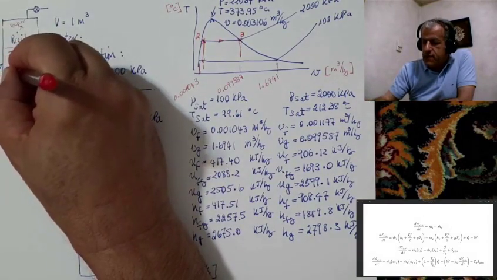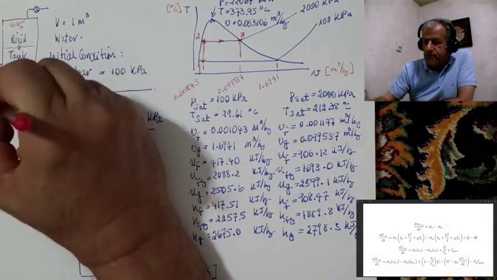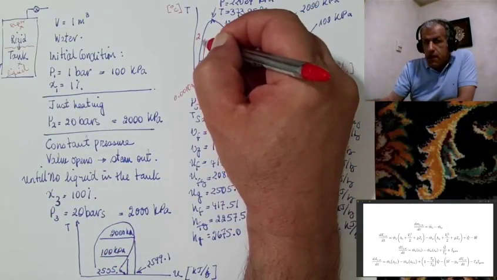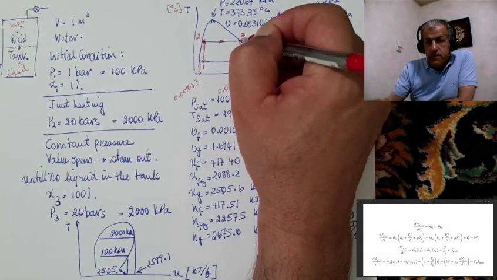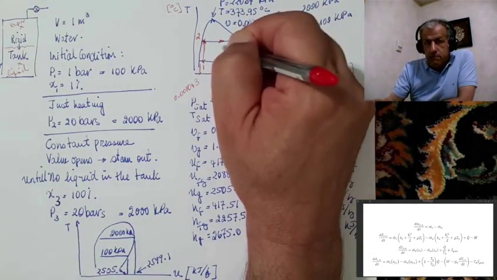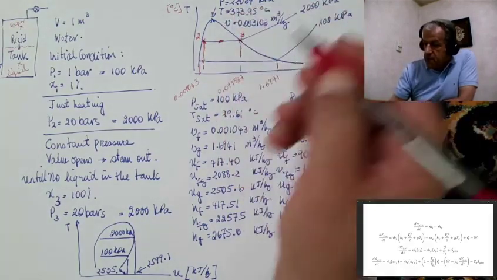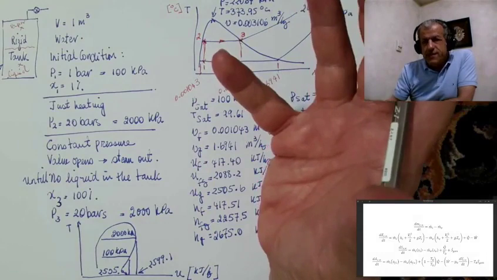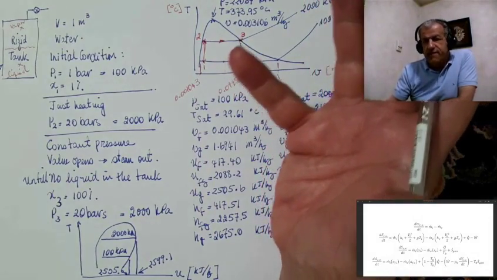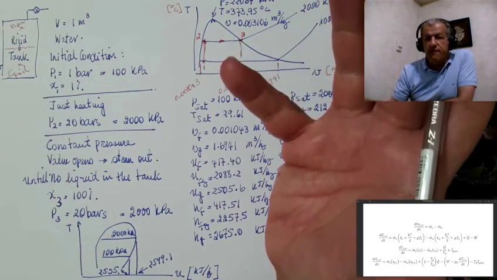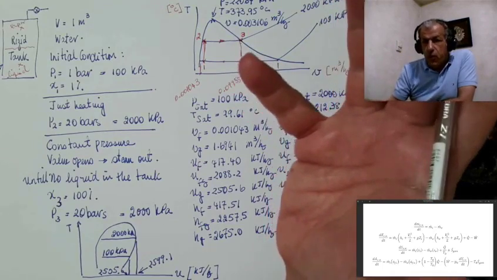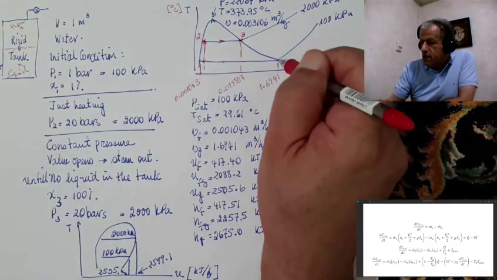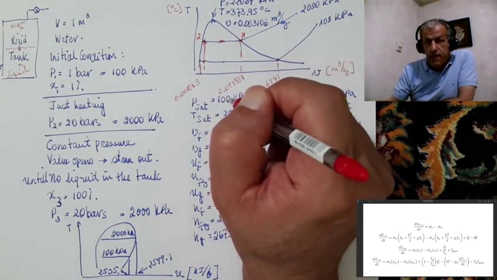All liquid is here and all vapor is here. There's nothing in the middle. If we mention a point like this or a point like this, these points are just averages, average assumptions. They're not physically viable points because all liquid is here and all vapor is here.